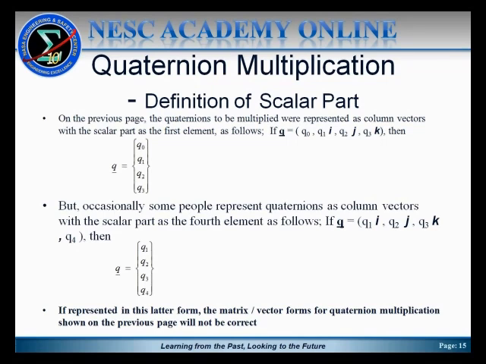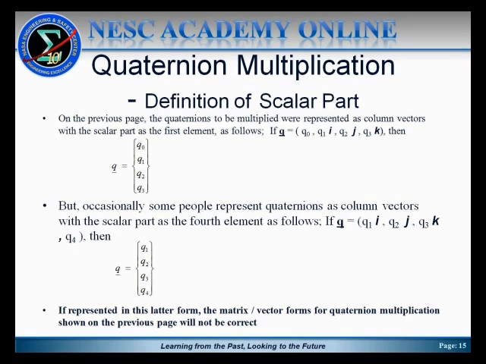So for instance, let's say there's an alternate representation of that same quaternion Q as Q1, Q2, and Q3 as the vector parts, where Q1, Q2, and Q3 are the components of the vector relative to the basis vectors i, j, and k, and Q4 now is the scalar part.